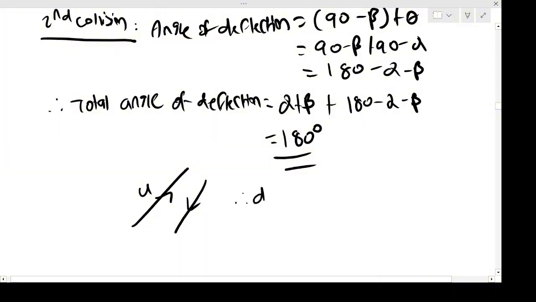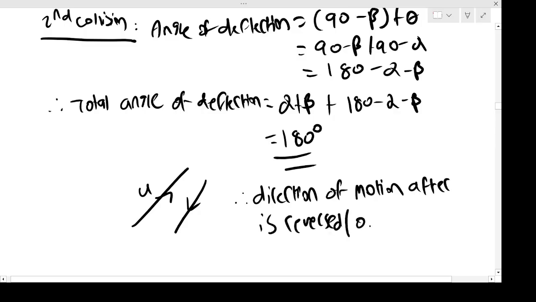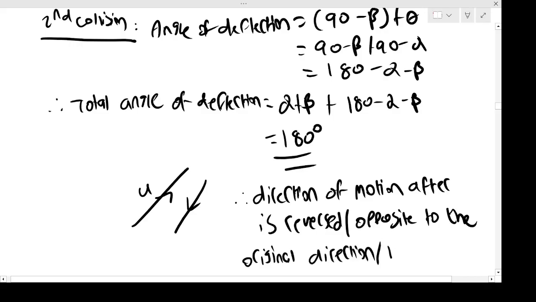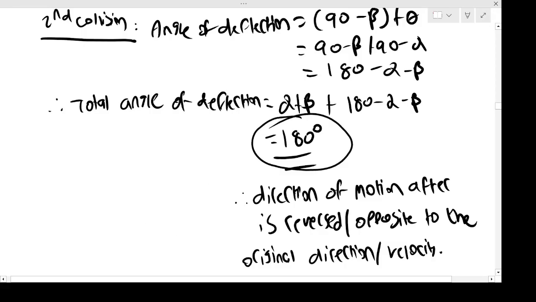So the direction of motion afterwards is reversed to the original direction, or opposite to the original direction. Or we could say the original velocity. Either way, the idea is that at the end we move opposite to where we're moving at the start. We can deduce that because the total angle deflection is 180 degrees, so we turned overall by 180 to get the opposite direction.